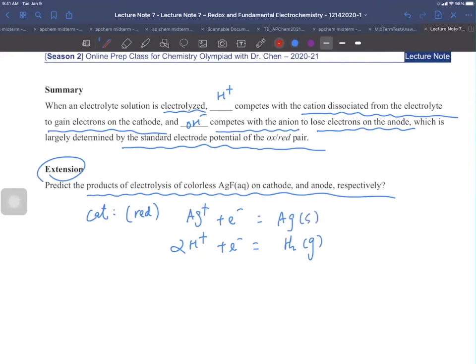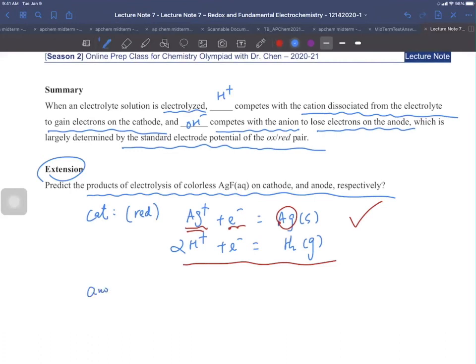You can either check the standard potential, or you can use your experience, because we know silver is a very unreactive metal, which means it's a post-hydrogen metal. Post-hydrogen metal means the standard reduction potential is positive, greater than the SHE, the standard hydrogen electrode. So the Ag plus is stronger, easier to gain electrons. So on the cathode, we will get silver metal plated.